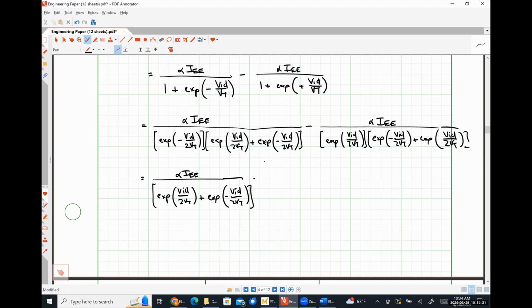And then that whole thing is getting multiplied by one over the exponential of negative VID over 2VT. I'm going to leave myself some room so that we can play with that in a moment. And then 1 over exp of positive VID over 2VT.